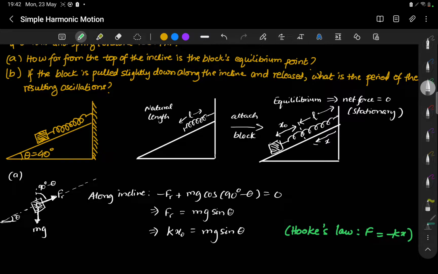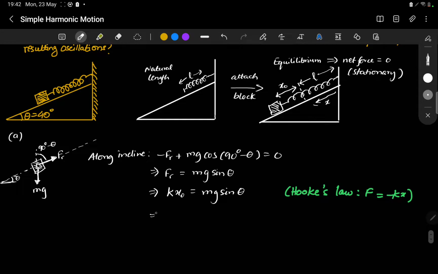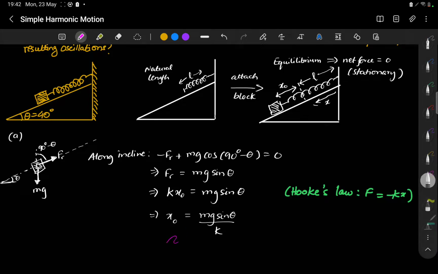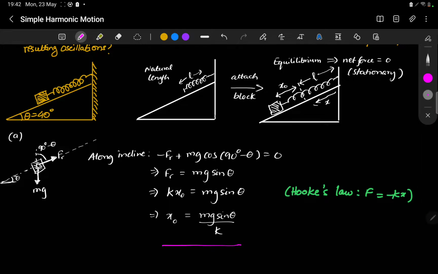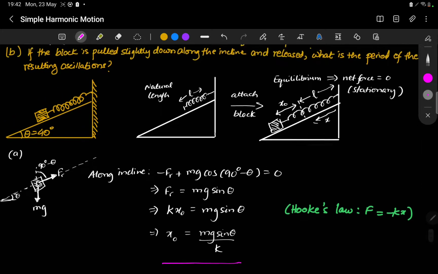So our displacement is downwards, so the restoring force is being applied upwards. So this negative sign takes care of that. Otherwise the magnitude is k times x, x being the displacement. So this gives us that x naught is equal to mg sine theta over k. So this is what we were supposed to find out. We were supposed to find out the extension after equilibrium.